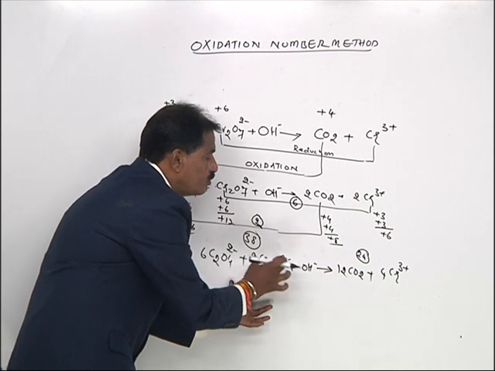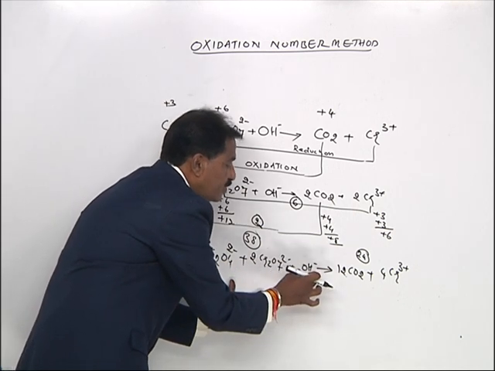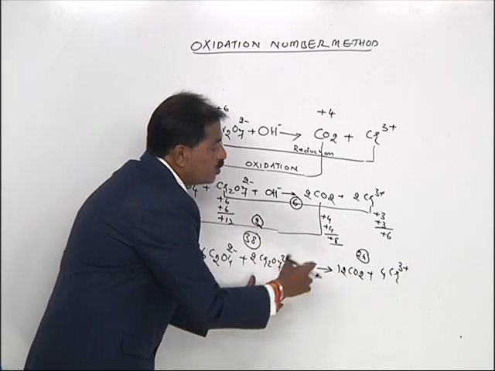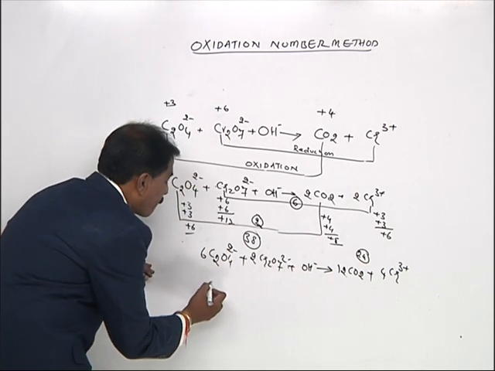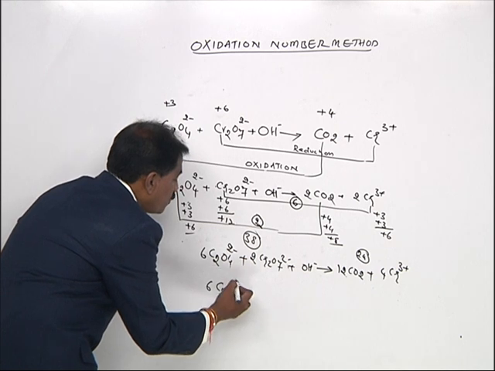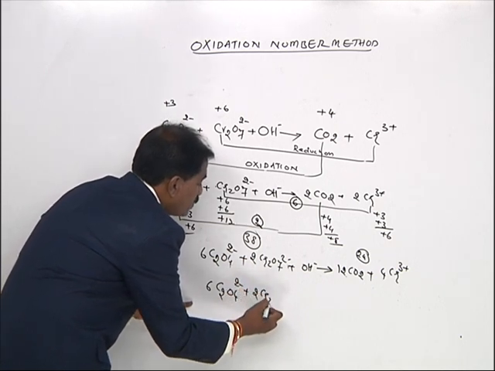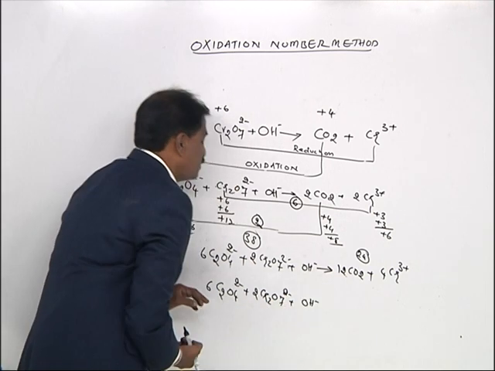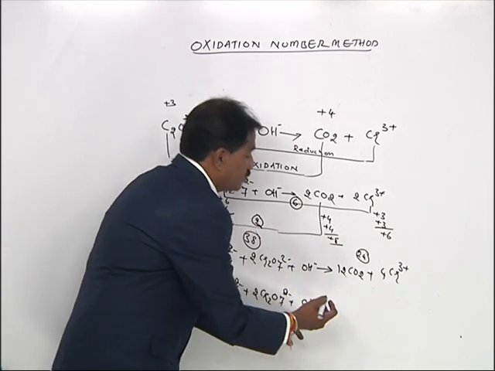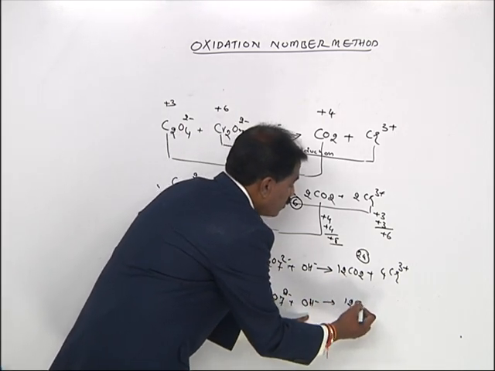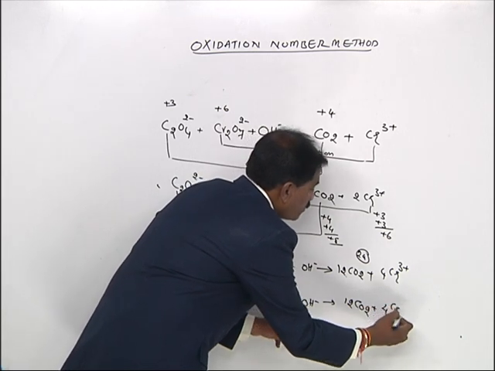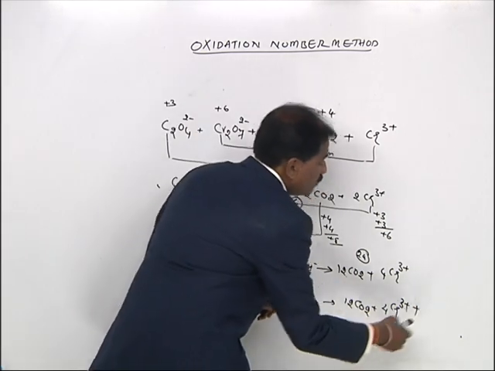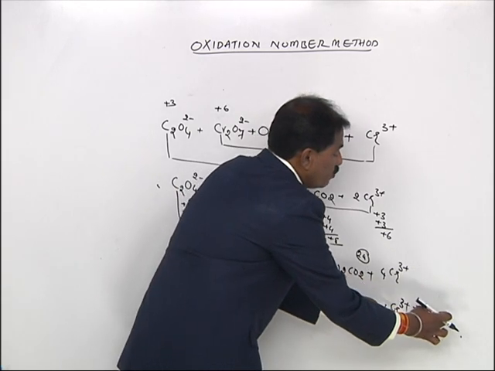Therefore, now in order to balance the oxygen atoms in alkaline medium, add the number of water molecules which are suitable to balance the oxygen atoms. 6C2O4 2 minus plus 2Cr2O7 plus OH minus gives 12CO2 plus 4Cr3 plus. Here 14 H2O molecules have to be added.